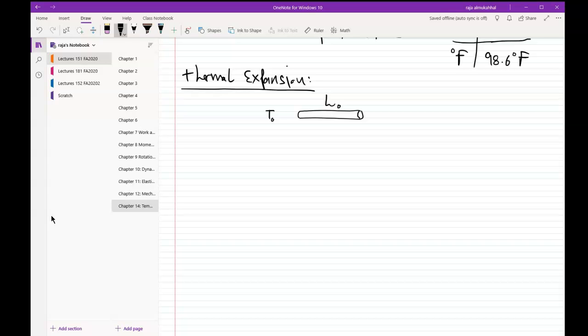So what will happen? The rod is going to heat up, and as a result of that, it is going to expand. Let's assume that it will expand this much from, let's say, from here. It's going to expand just a little bit more, say somewhere here, like that. And now the new length of the rod is L naught plus delta L, where this delta L is the difference from here to here.